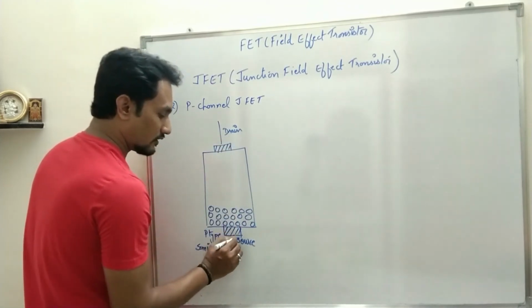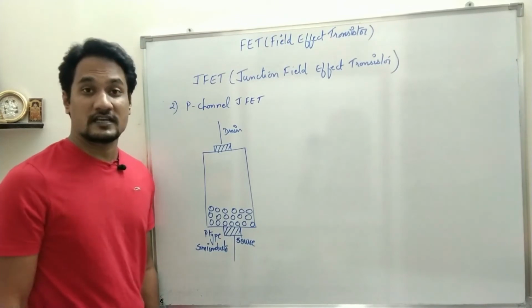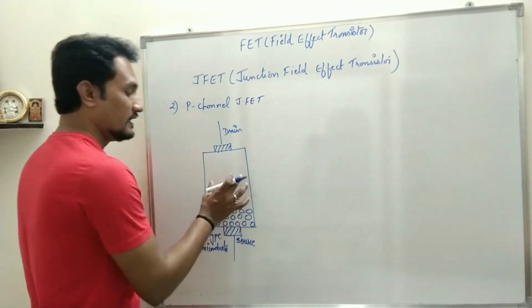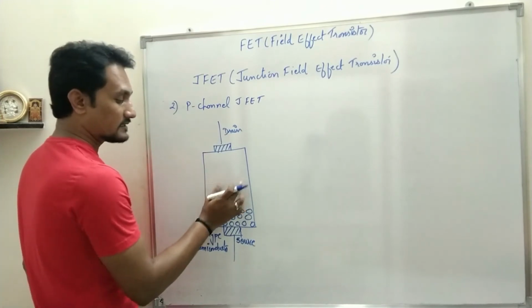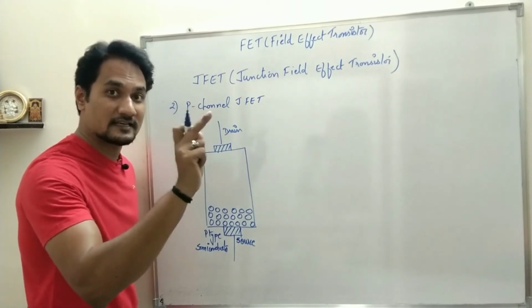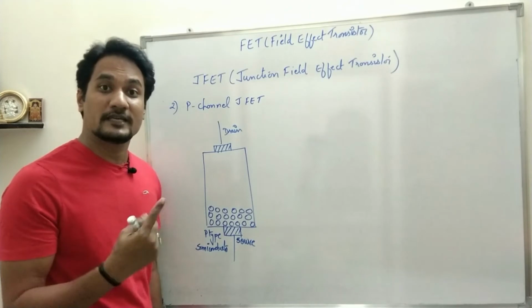And if you remember, whenever we design a JFET, we need to have two PN junctions on either side of the semiconductor. To form a PN junction, already we have a P region now. In n-channel JFET, we doped trivalent impurity on both sides so that we get a P region.